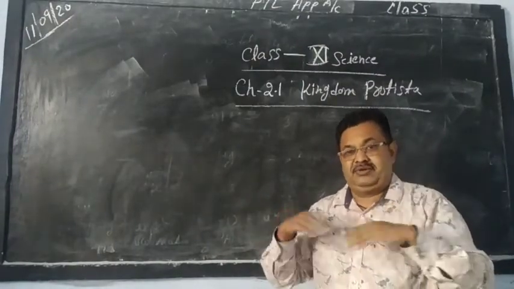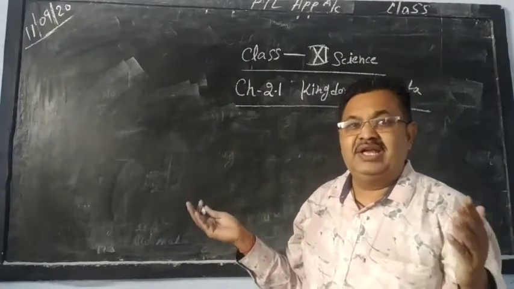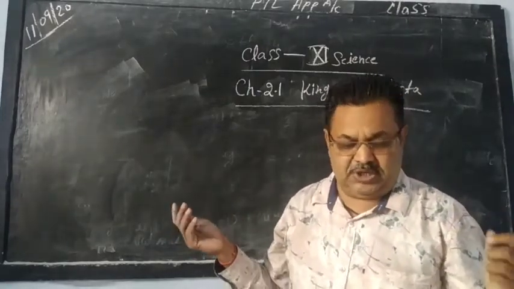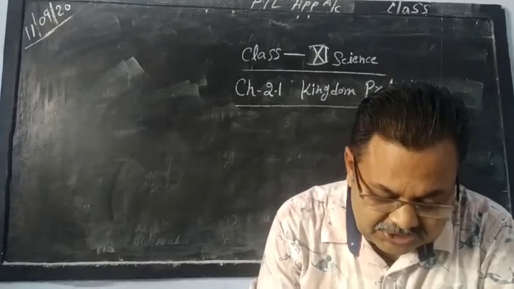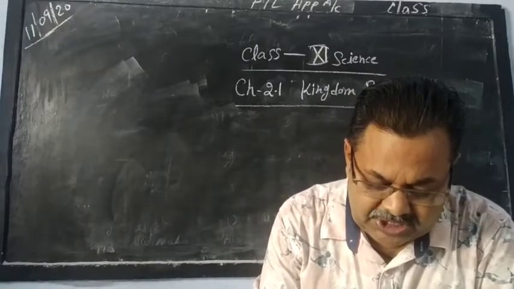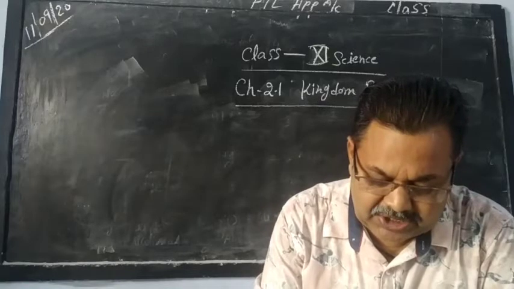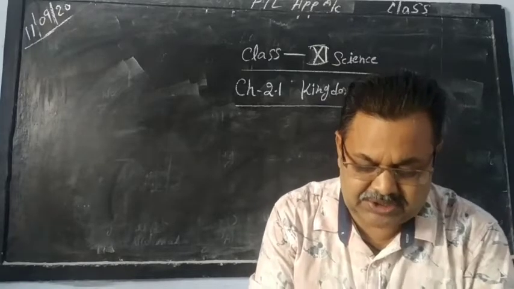Some are multicellular and some are unicellular. So, in this kingdom: unicellular, eukaryotic, aquatic microorganisms.